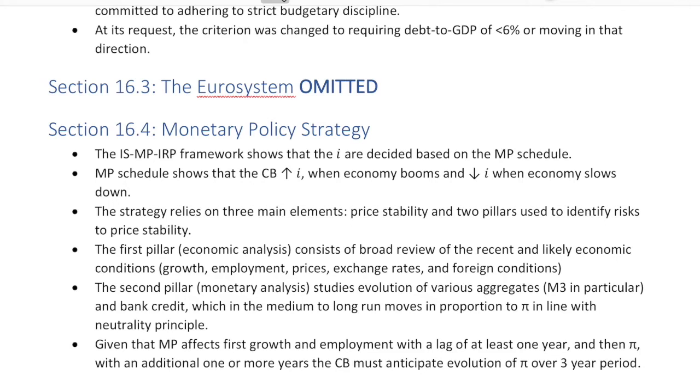And why is it upward sloping? Because as we discussed then, the monetary policy schedule shows that the central bank increases interest rates when the economy booms, and it lowers the interest rates when the economy slows down. So this is countercyclical, right?